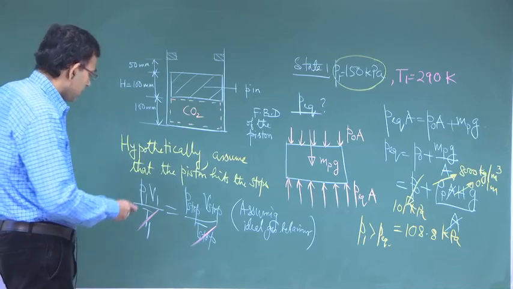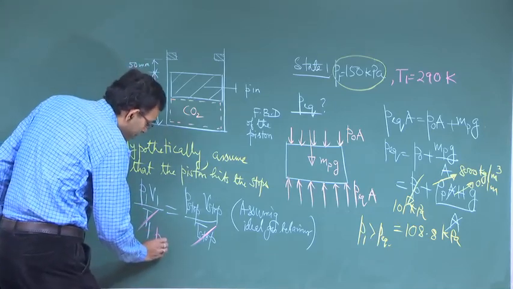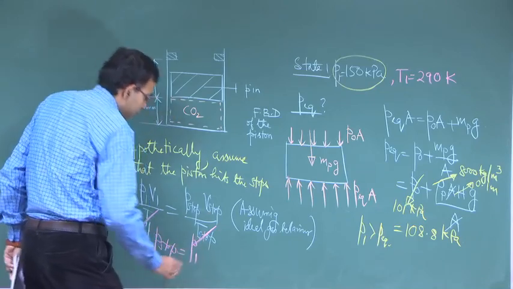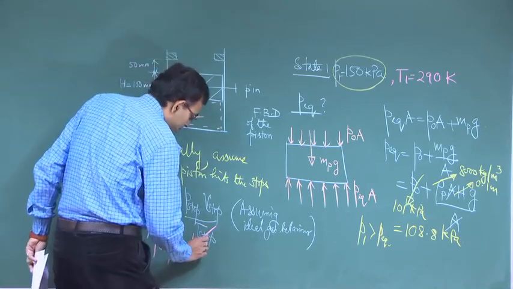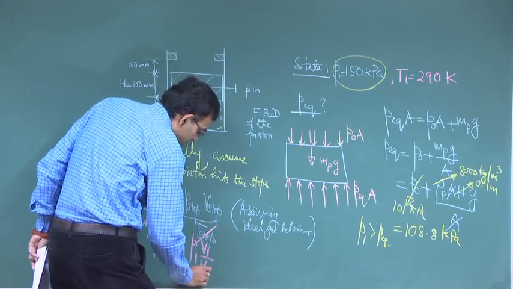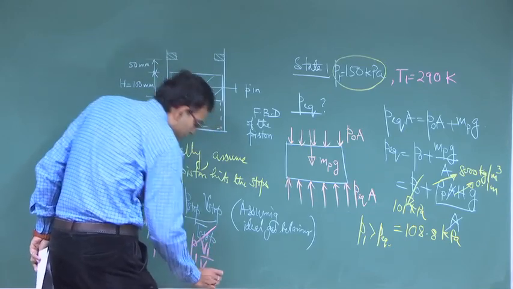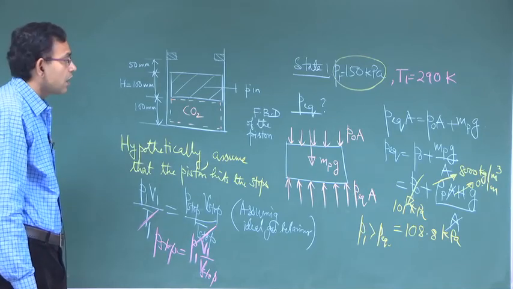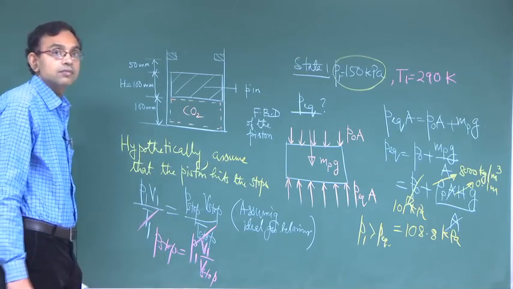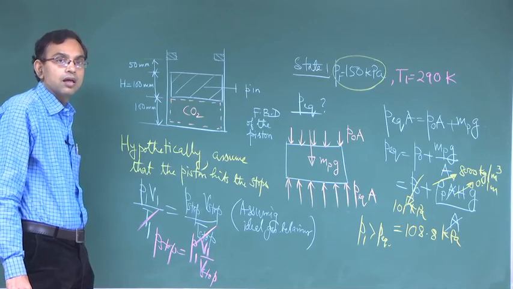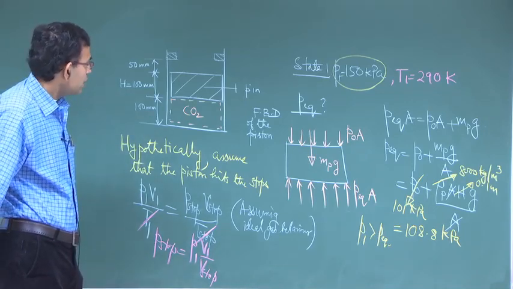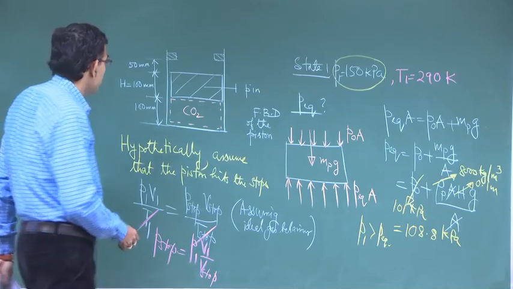So, now you can calculate from here P stop is equal to P1 into V1 by V stop. What is V1 by V stop?